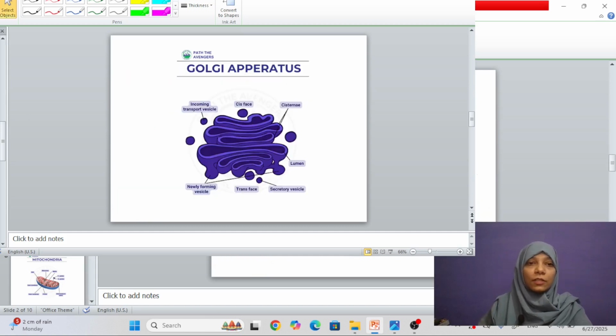Now, the next structure is the Golgi apparatus. This is the actual structure of the Golgi apparatus. There are some new vesicles being transported, and here is the cis face, that is the cis Golgi network. This is called cis Golgi, and this is called trans Golgi.